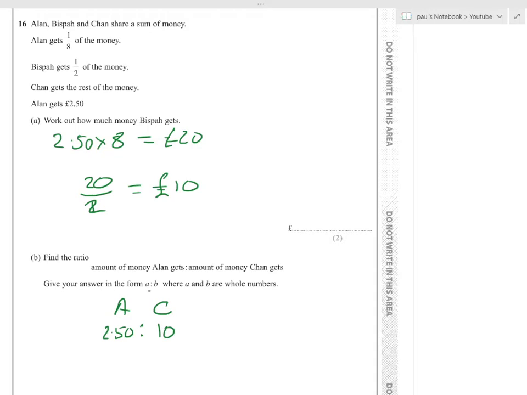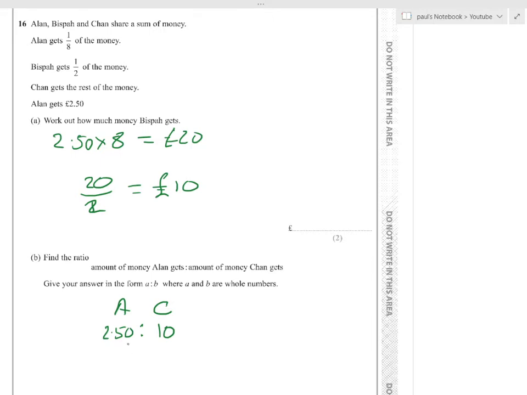Give your answer as A:B, where A and B are whole numbers. So Chan gets a tenner.